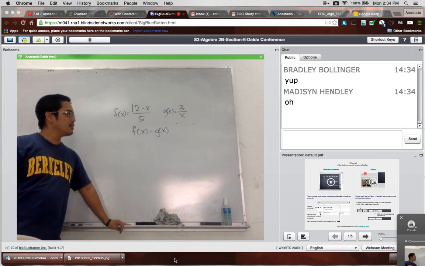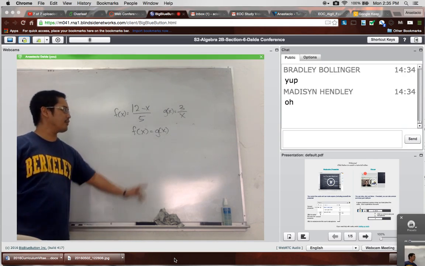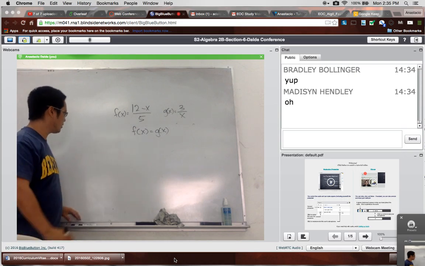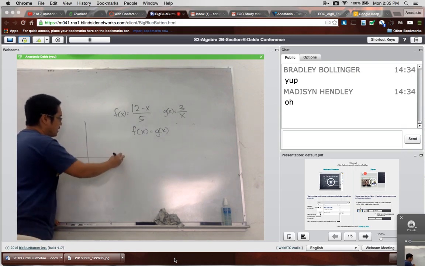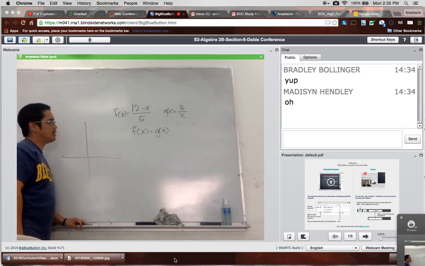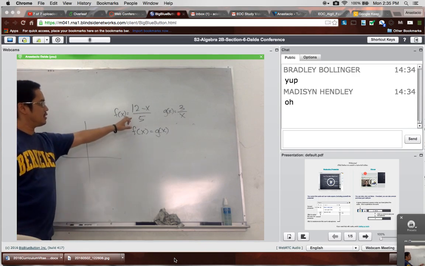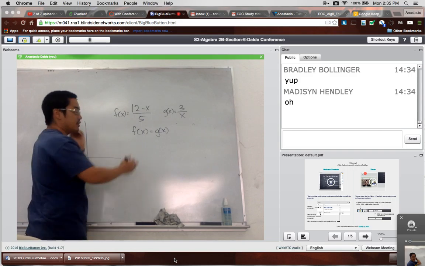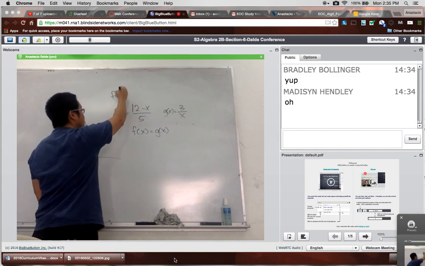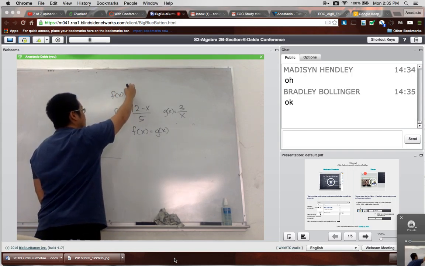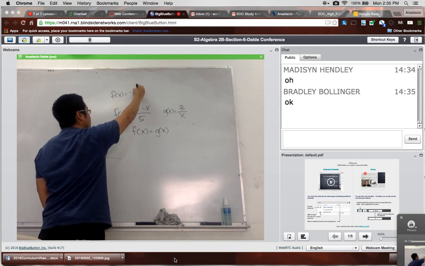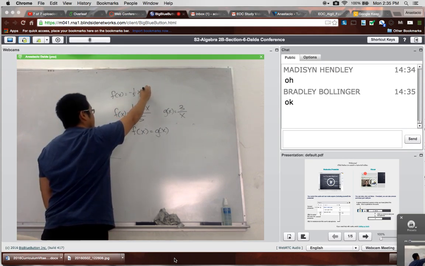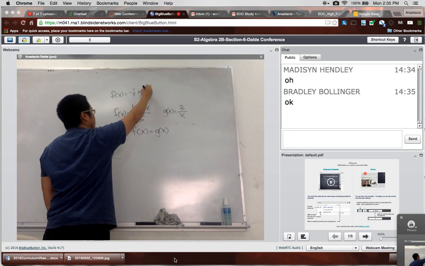And let me think about the graph of this thing right here. I'm going to rewrite f of x a little bit over here. So f of x is equal to negative 1/5 x plus 2.4.